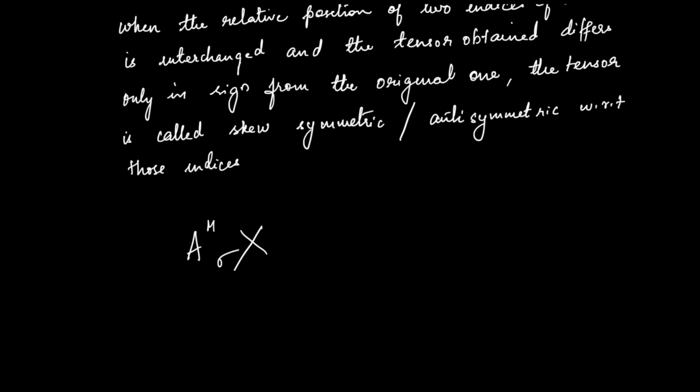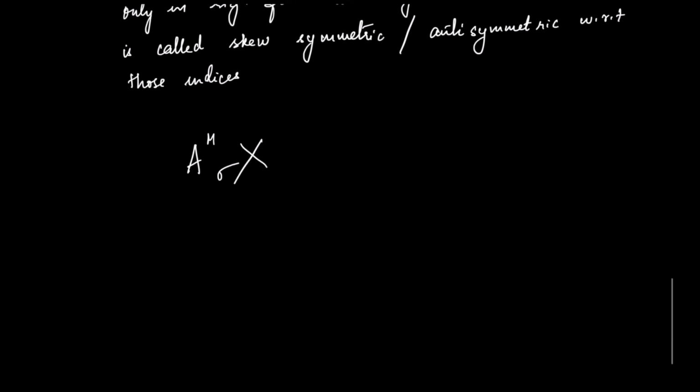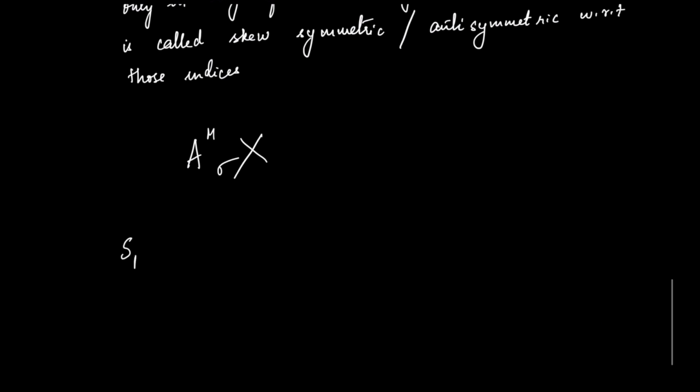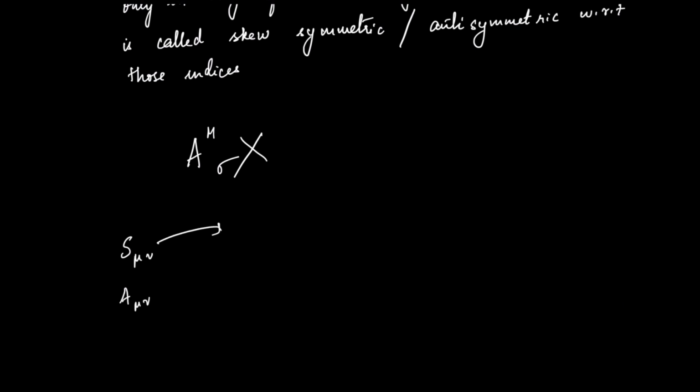And also there is one important property that you have to note, that symmetry or antisymmetry properties of tensors are preserved under coordinate transformation. For instance, we have seen that S mu nu is a symmetric tensor and A mu nu is an antisymmetric tensor. Then in another coordinate system, okay, so when I do the transformation, this will be S prime alpha beta.